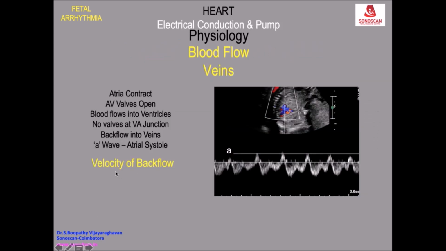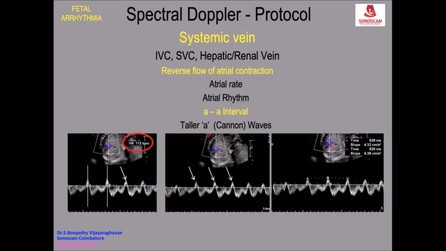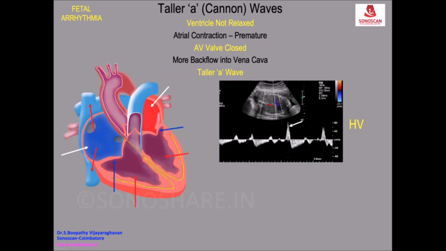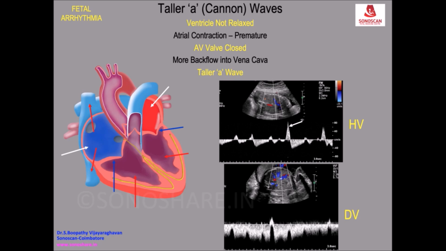The velocity of the amount of backflow depends on the pressure difference between the systemic veins, and then we can measure the AA interval. Also we can measure this, which is useful in certain arrhythmias, in the hepatic vein or pulmonary vein or also in the ductus venosus.